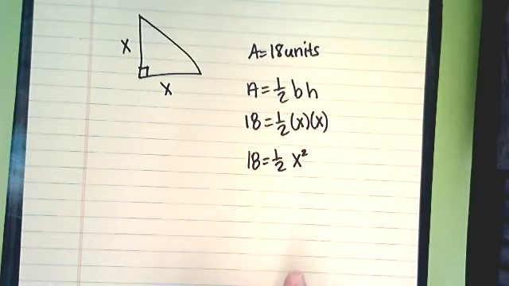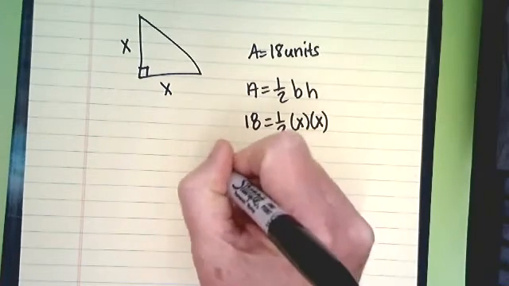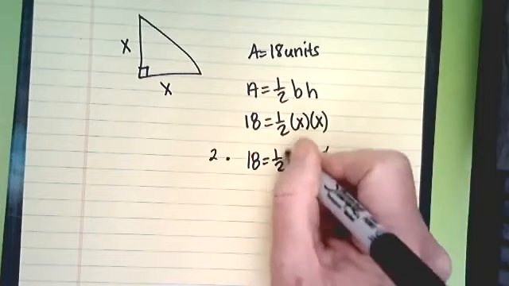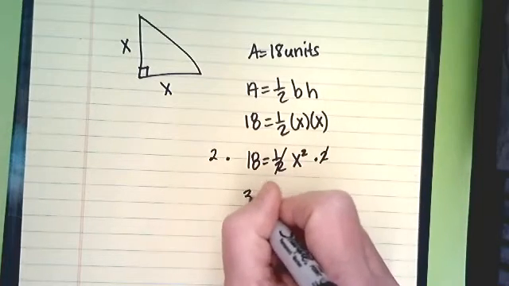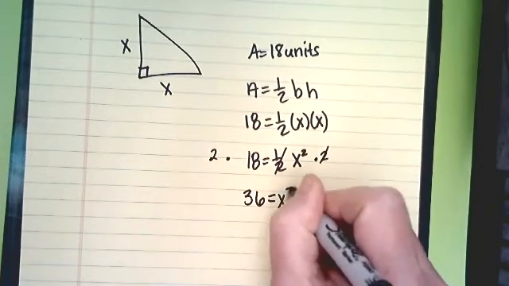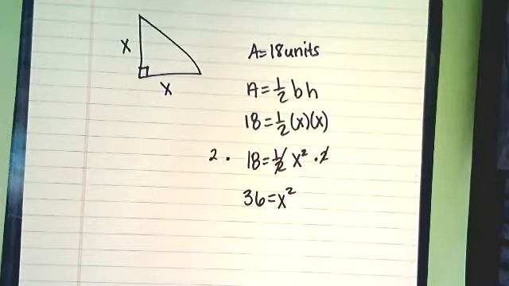Divide by 1/2, which means you're going to end up multiplying by 2. So let's do that. 36 equals X squared.